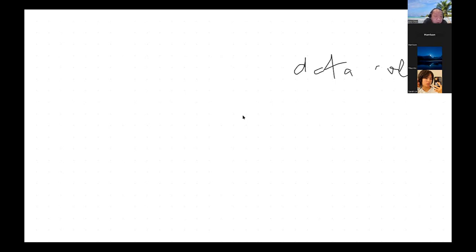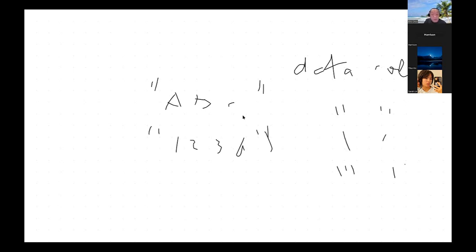When we have double quotes with A, B, C, or double quotes with 1, 2, 3, using double quotes, single quotes, or triple quotes, this whole thing we call a string. They are all strings. A string is a collection of characters.